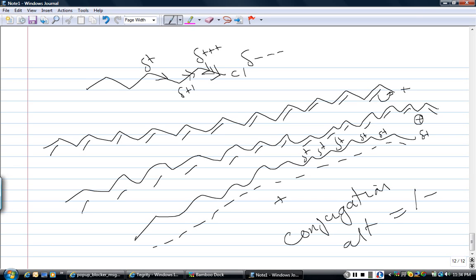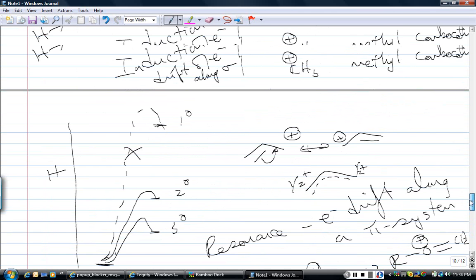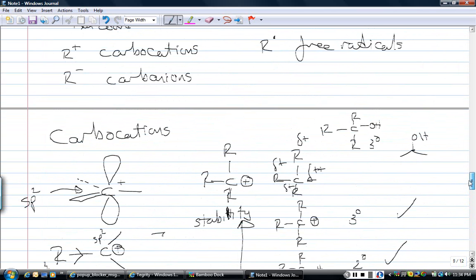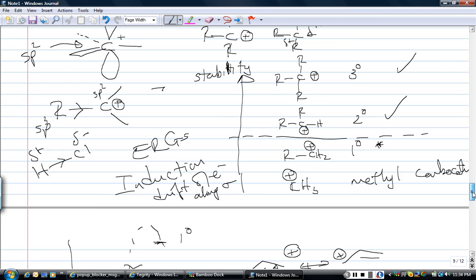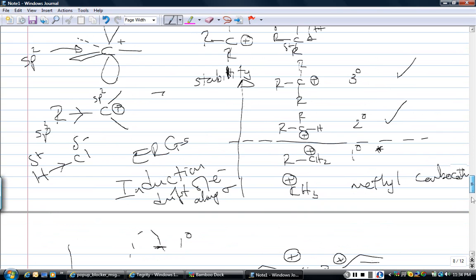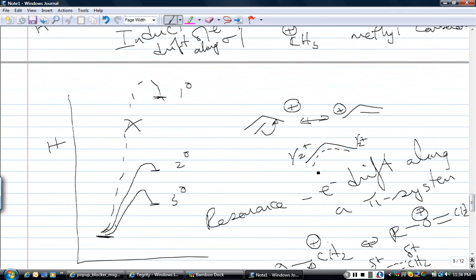Alright, so one intermediate we've looked at then is the carbocation. We've looked at the mechanisms of carbocation stabilization, and we saw that for carbocations, tertiaries are more stable than secondaries, which are more stable than primaries and so on. And the question is, where do carbocations like this one, called the allyl cation, feature in the hierarchy?